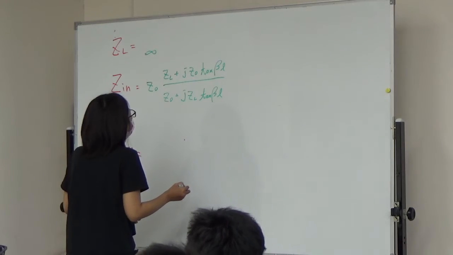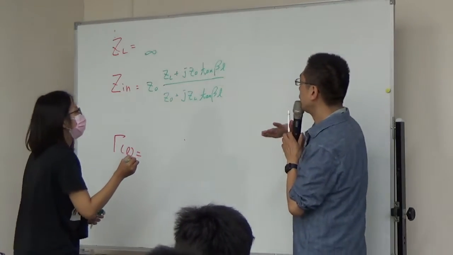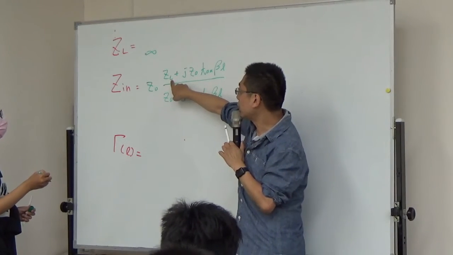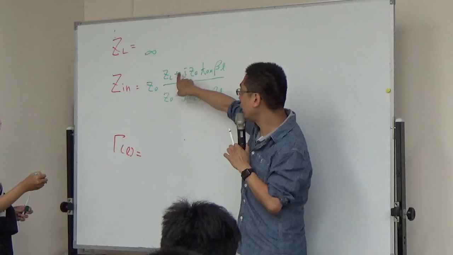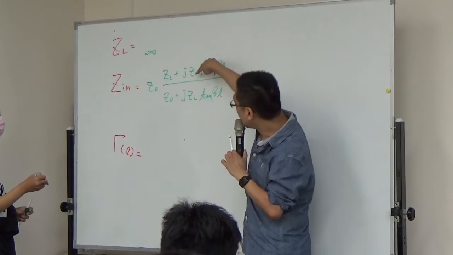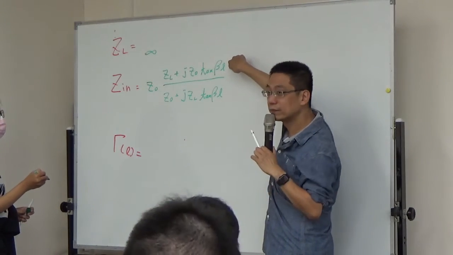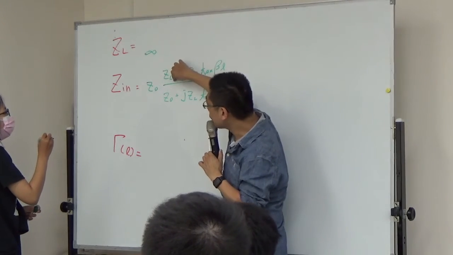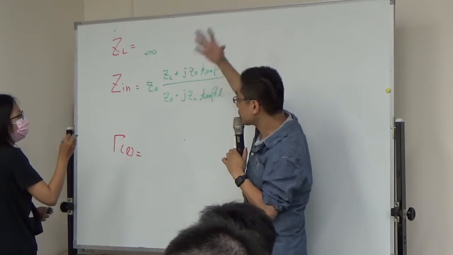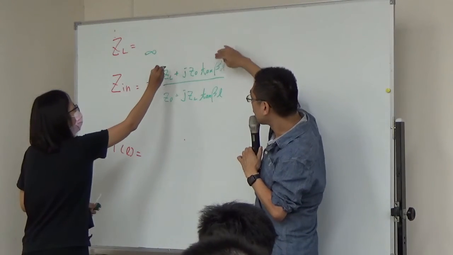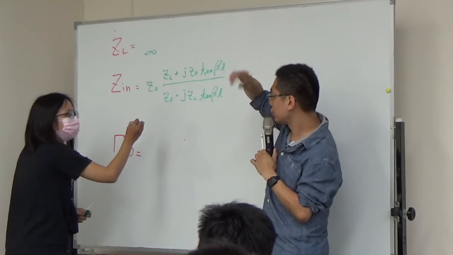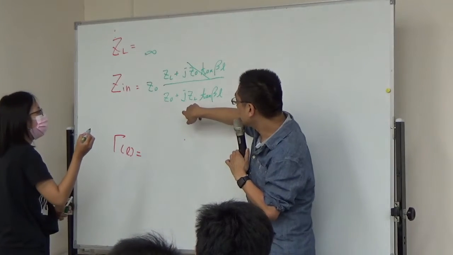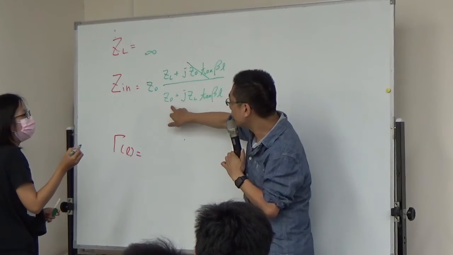Okay, let's look at only these two terms. If ZL is very big compared to Z0, what will happen? If this one is very huge, which part will disappear? Take away. And the ZL is larger than this one, which one will disappear?